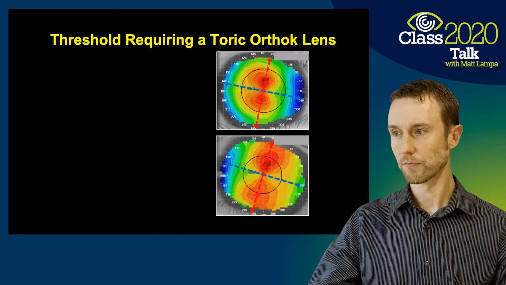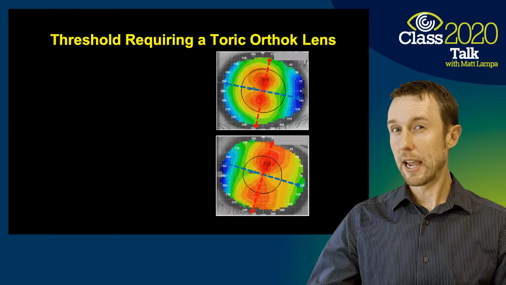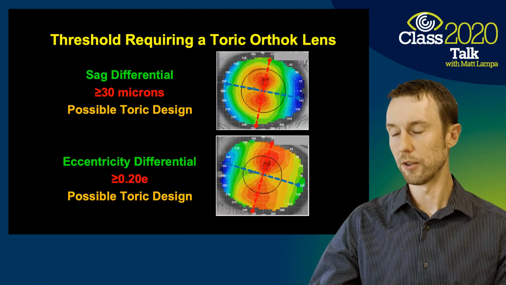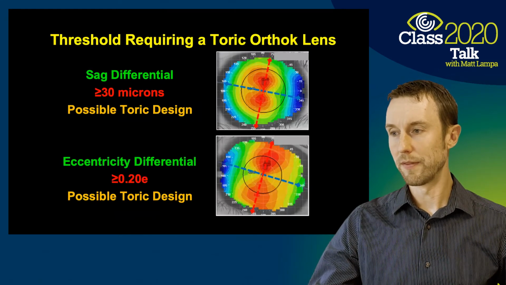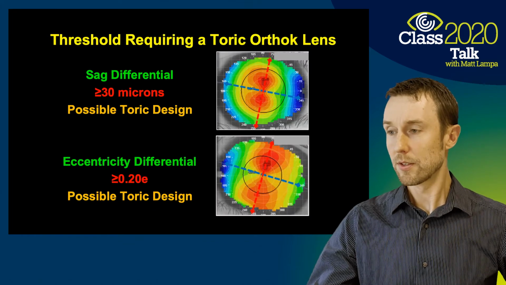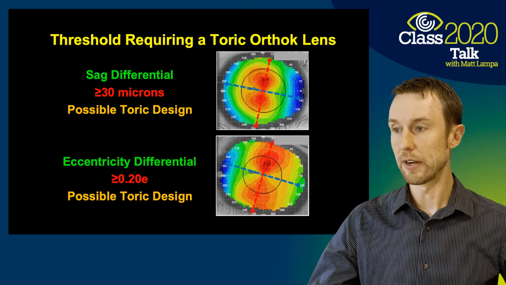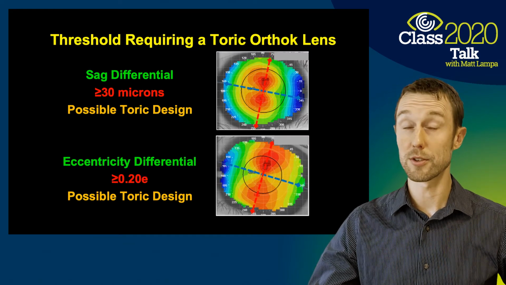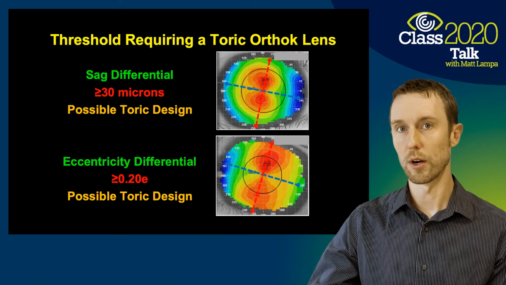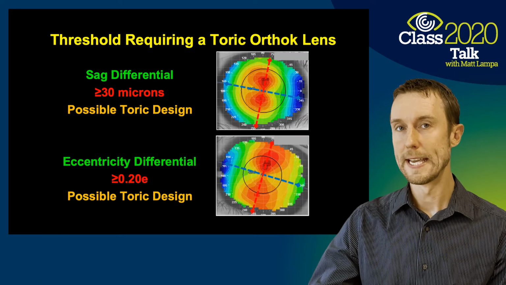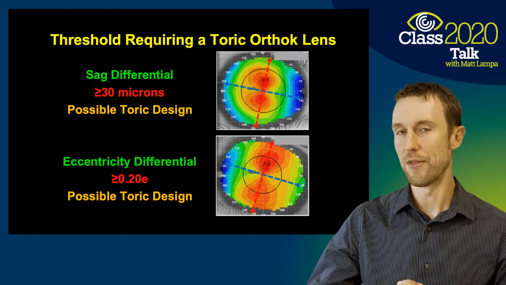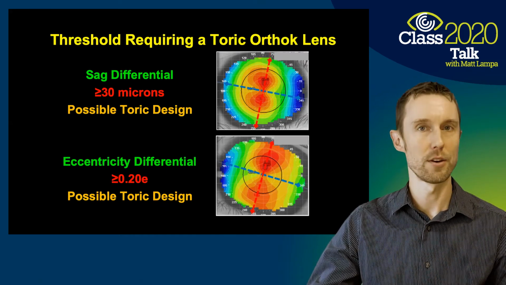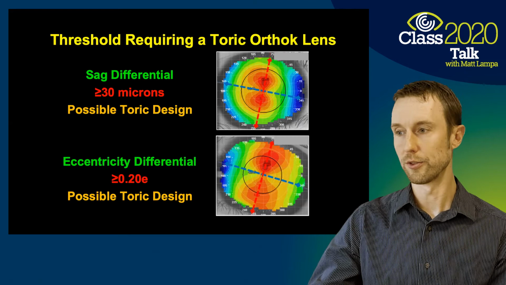So we have yet to answer the question, what's the threshold of requiring a toric orthokeratology lens? Studies at Pacific have taught us that sagittal differentials of greater than or equal to 30 microns is really the point at which we should probably start to think about a toric orthokeratology lens design, because we really don't get the seal 360 degrees around like we want in a standard spherical orthokeratology contact lens.